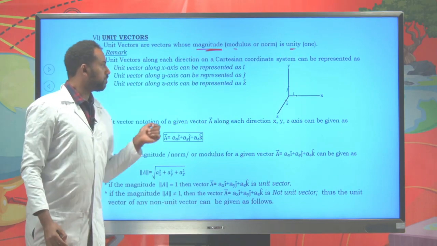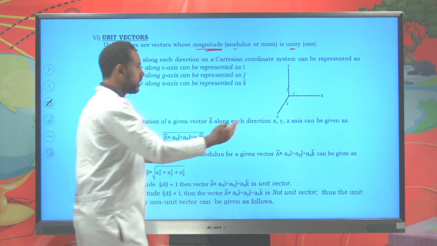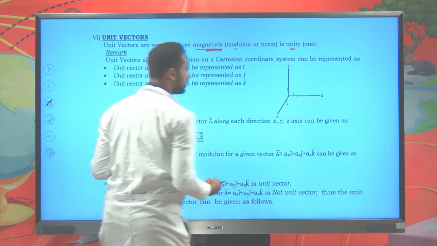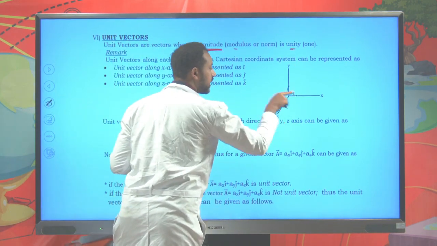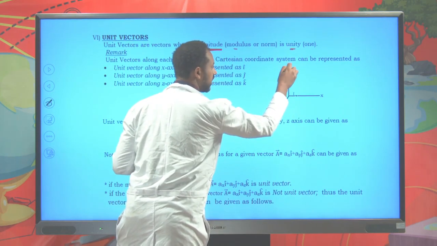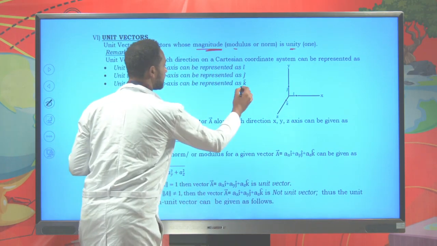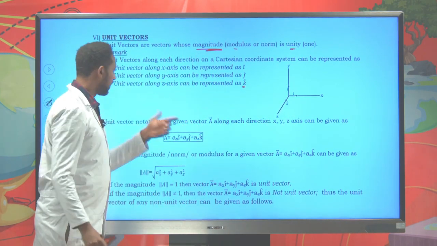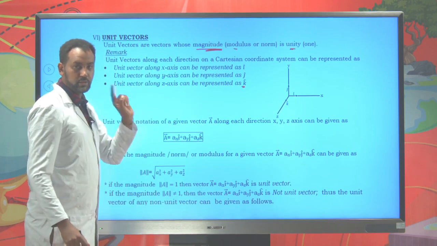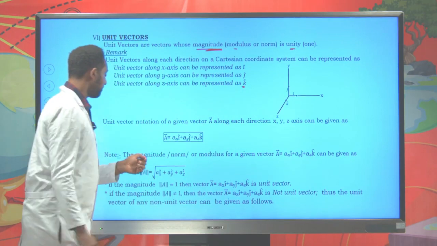To represent the unit vectors on each axis, we have three coordinates: x-axis, y-axis, and z-axis. The unit vector acting along the x-axis is called i. The unit vector acting along the y-axis is called j, and the unit vector acting along the z-axis is called k. All their magnitudes are 1. The only thing they represent is the x, y, and z directions.